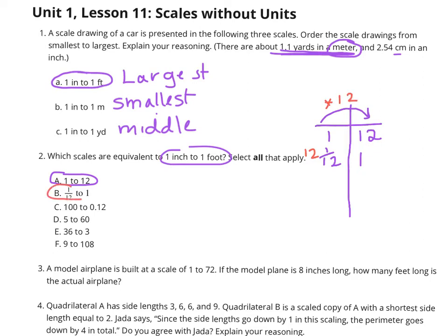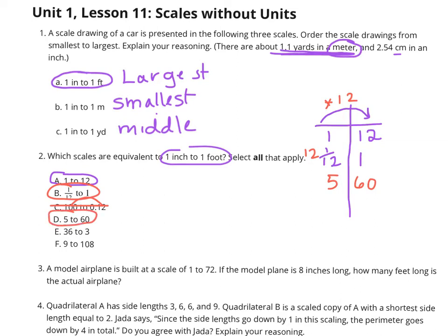So yes, that one is also equivalent to the original scale. To go from 100 to 0.12, no, that's not equivalent. C is not an equivalent scale. From 5 to 60, if I multiply by 12, yes, that is equivalent. So D is part of our answer.